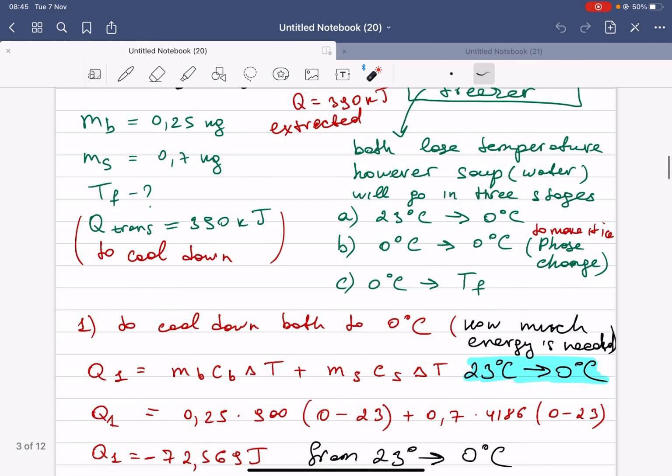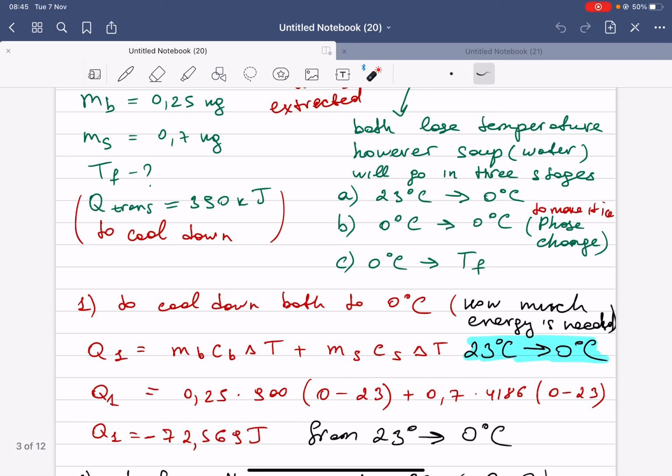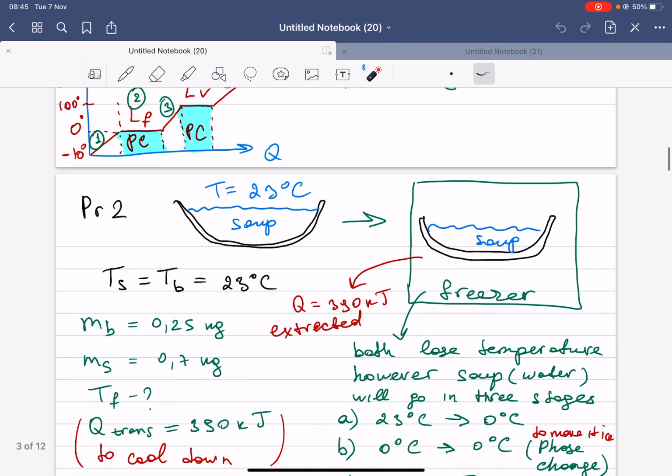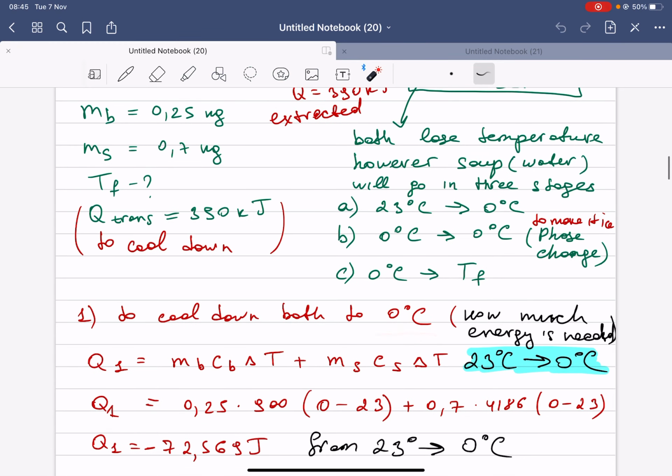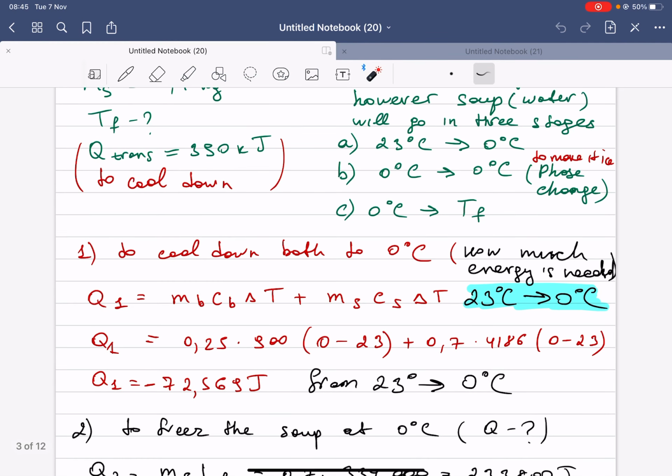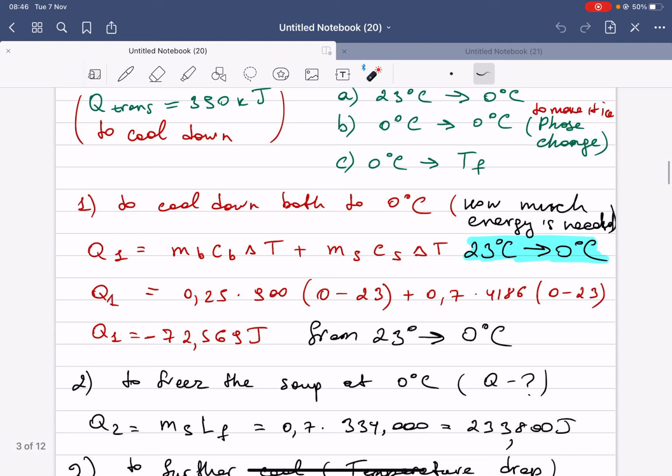First of all, we have to know how much heat is released from the bowl and the soup when it cooled down from 23 degrees to 0 degrees. So we have to consider both: mass of the bowl, specific heat of the bowl, change in temperature, plus mass of the soup, specific heat of the soup, and delta T. It goes from 23 degrees to 0 degrees when cooled down, so T final is 0 and T initial is 23.